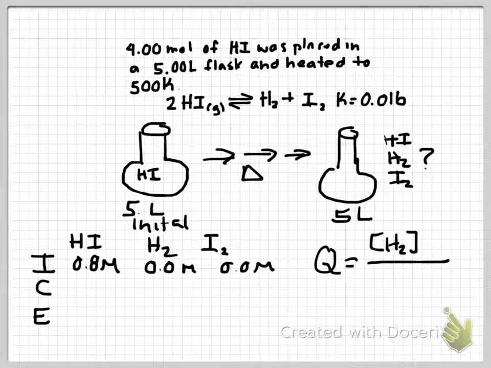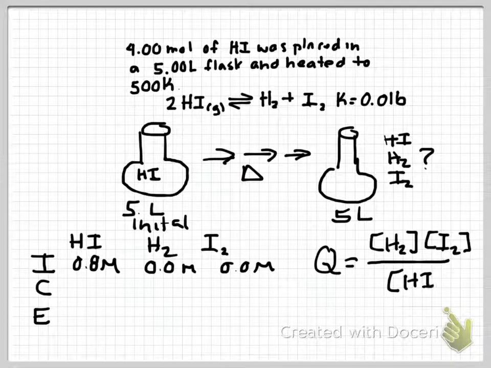So Q is the concentration of hydrogen times the concentration of iodine divided by the concentration of hydrogen iodide squared. Now that squared comes from the 2 in our balanced equation. So that's really important in understanding and solving these problems, that we don't forget the squared.